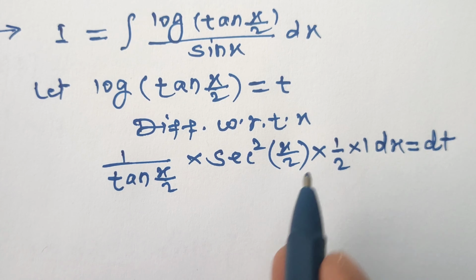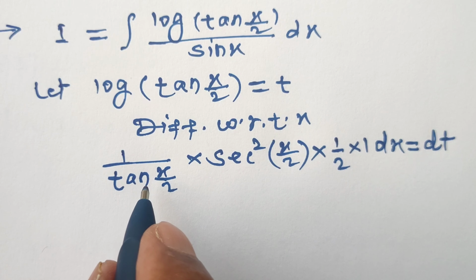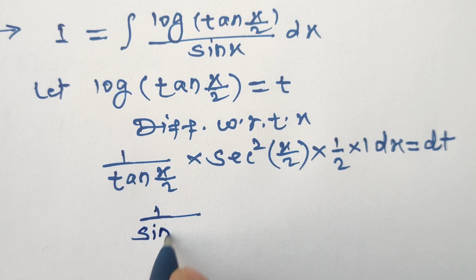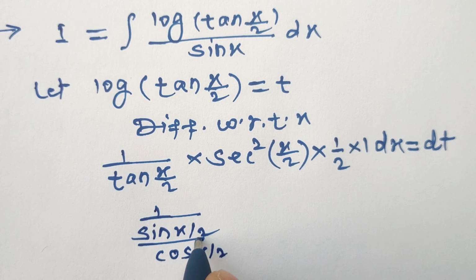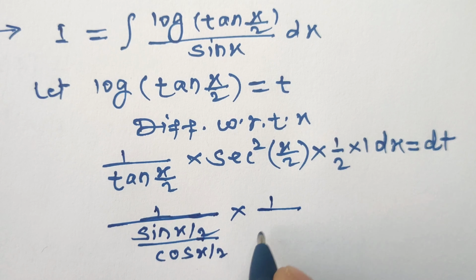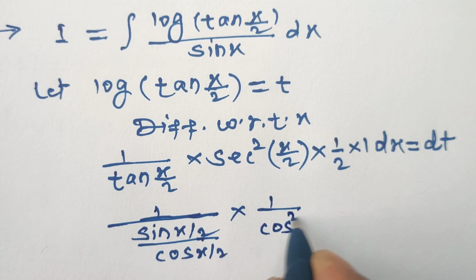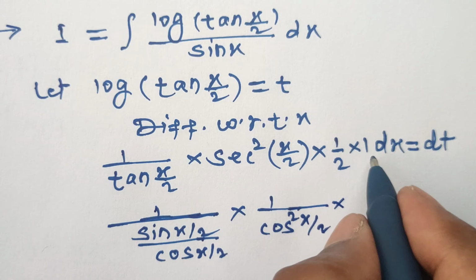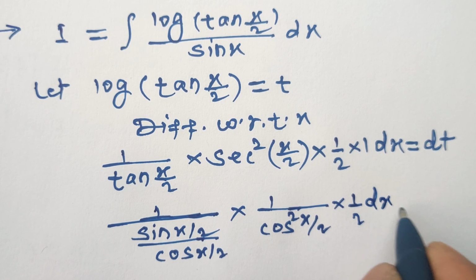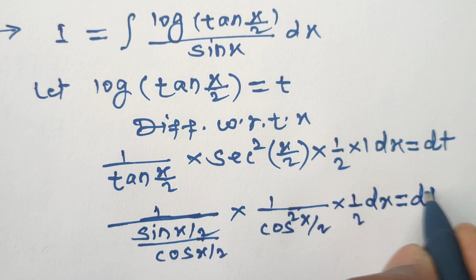Let us simplify this. 1 upon tan of x upon 2 is nothing but 1 upon sin of x upon 2 divided by cos of x upon 2, into sec square x upon 2, that is 1 upon cos square x upon 2, into 1 upon 2 into 1, 1 upon 2, dx is equal to dt.